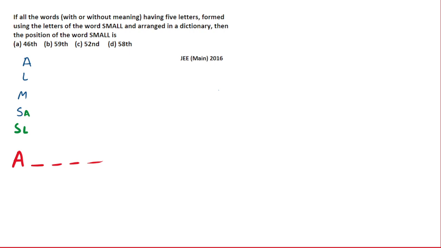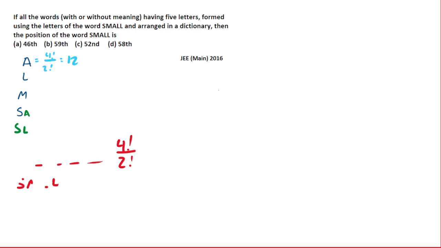We have our initial letter A and 4 slots for our 4 remaining letters, which are S, M, L, L. So you should know that there are 4 factorial ways we can arrange this, but remember how I said distinct? You have to divide this by 2 factorial because there are 2 L's. So the amount of words in A is 4 factorial over 2 factorial, which is 12.